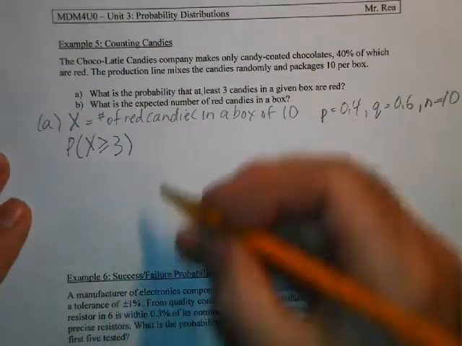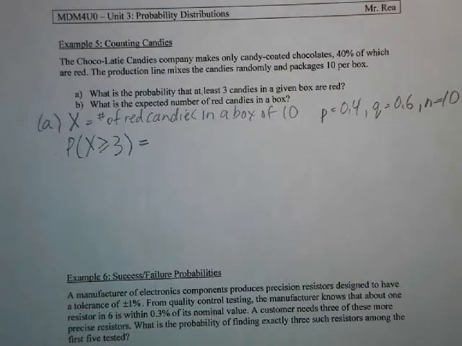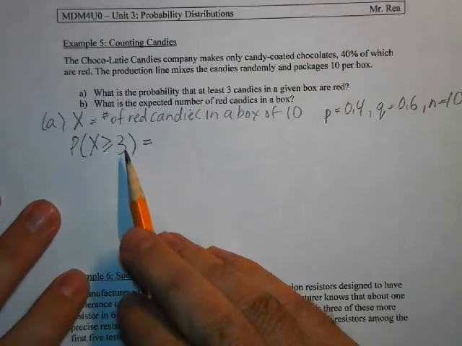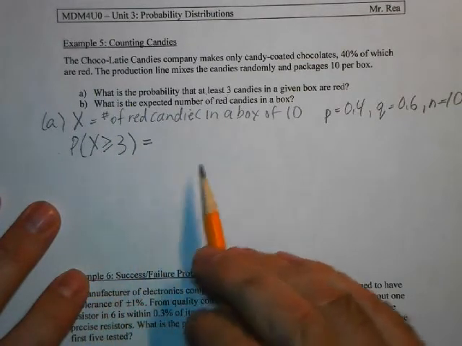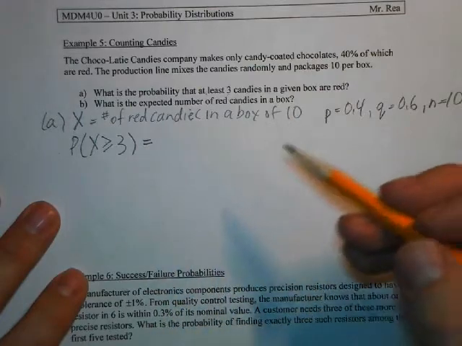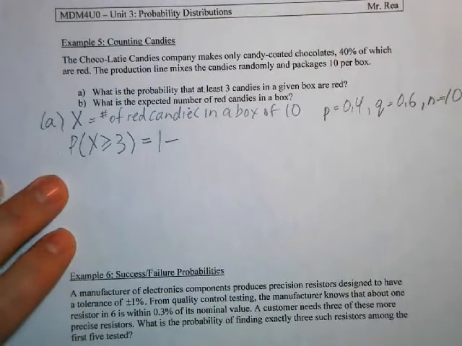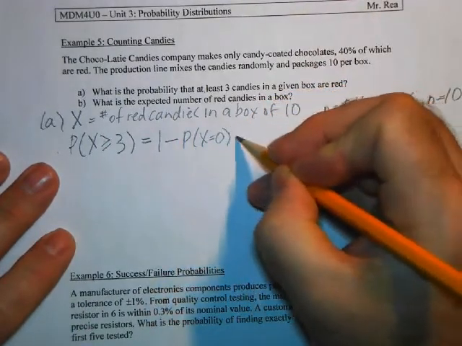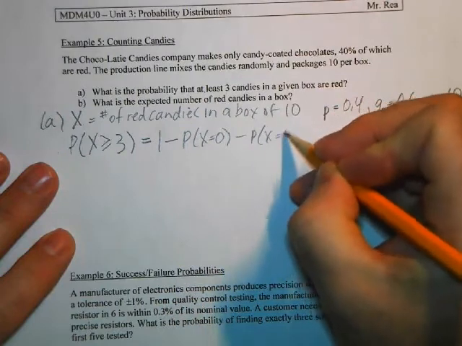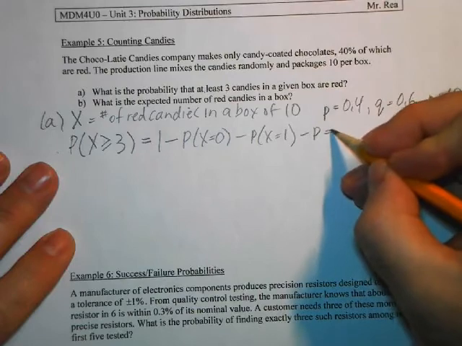So that's going to be equal to, and again, I'm going to use, for lack of a better word, the indirect method. So instead of calculating the probability that x is 3, x is 4, x is 5, up to x is 10, I'm going to start with 1 and then subtract the probabilities that I don't want, which are probability x equals 0, probability x equals 1, and probability x equals 2.